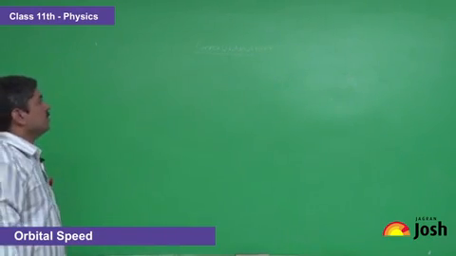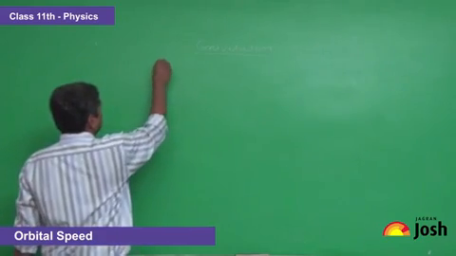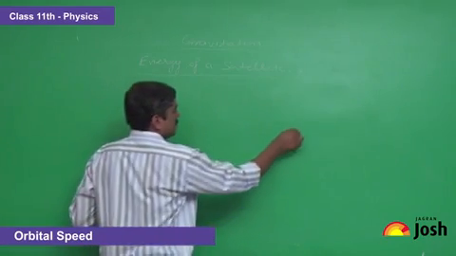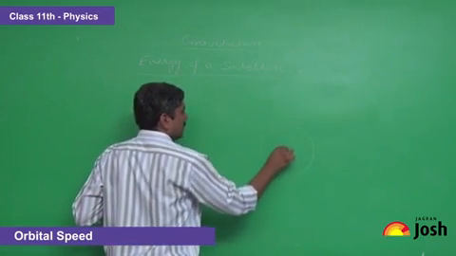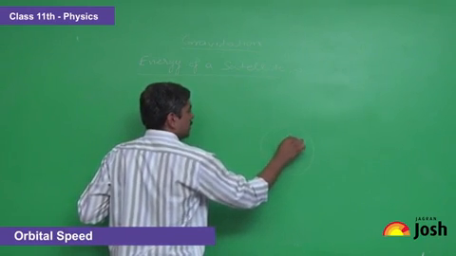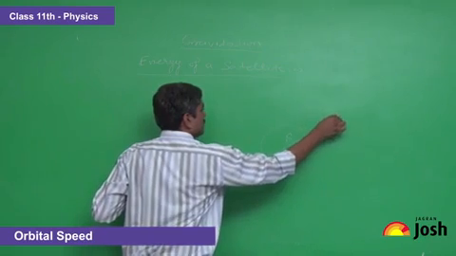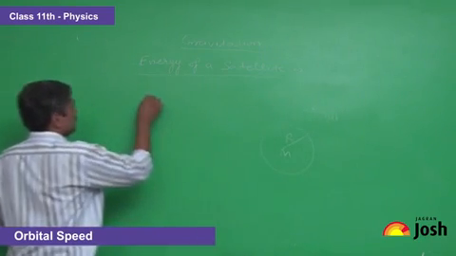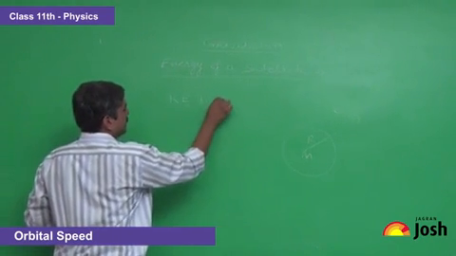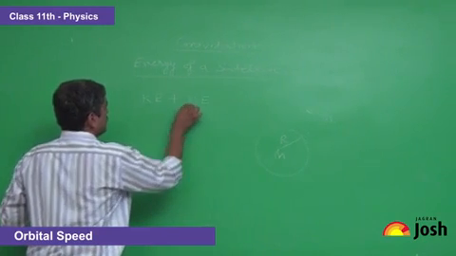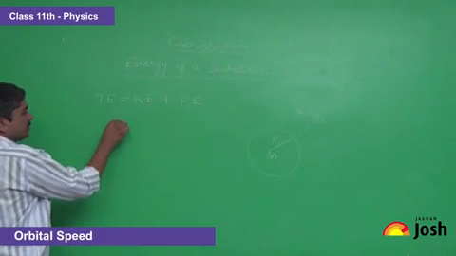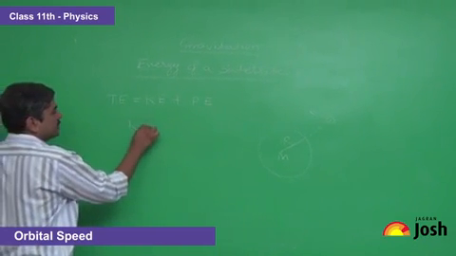In this topic, we will study the energy of a satellite. Whenever a satellite revolves around the earth or a planet, it contains two types of energy. One is the kinetic energy due to its motion, and the other is the potential energy due to its height above the earth's surface. First, we calculate the kinetic energy.